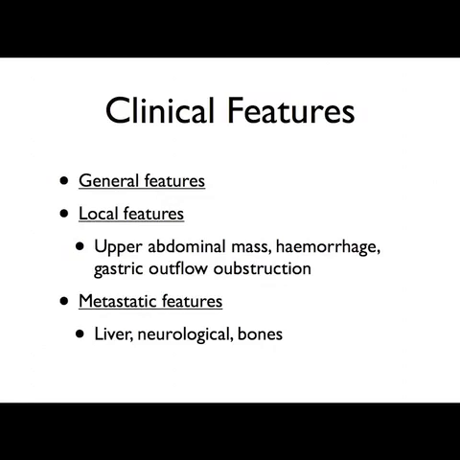You also want to think about metastatic features. For example, if the liver's involved, there may be some right upper quadrant tenderness and subtle alterations in body state, nausea, vomiting, all that kind of thing. If the neurological system or brain is involved, there may be seizures or focal neurology. And if the bones are involved, there may be bone tenderness.